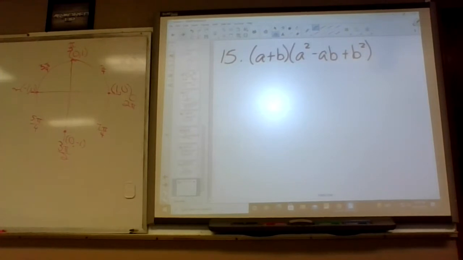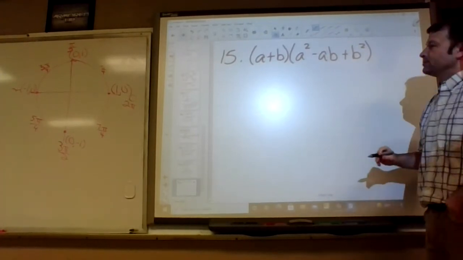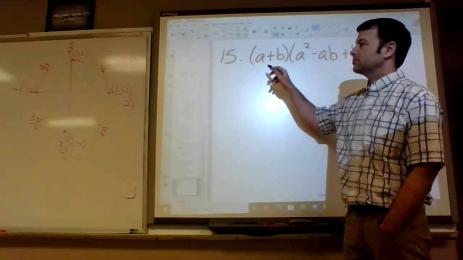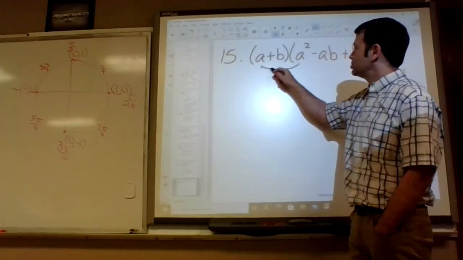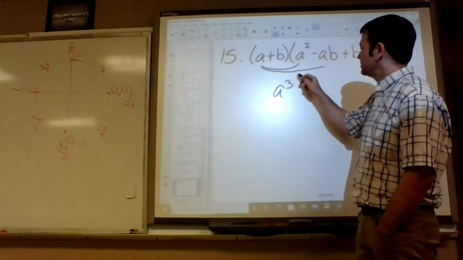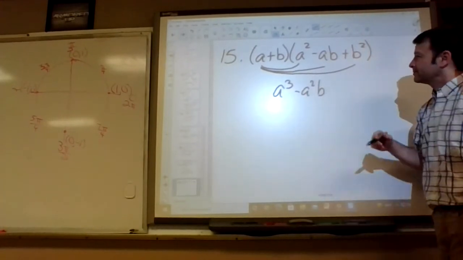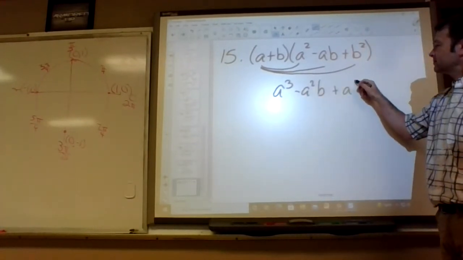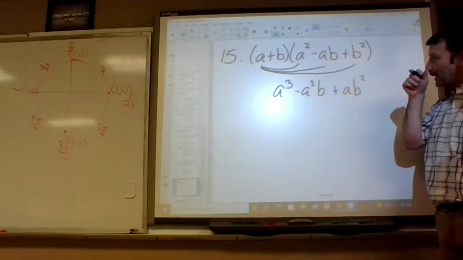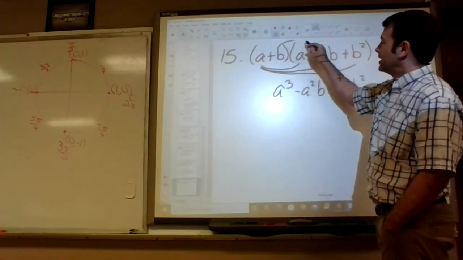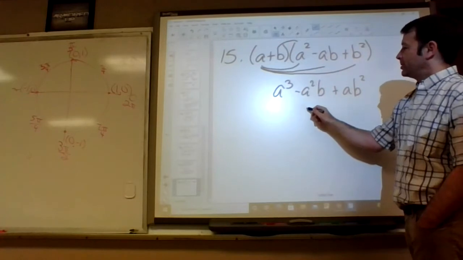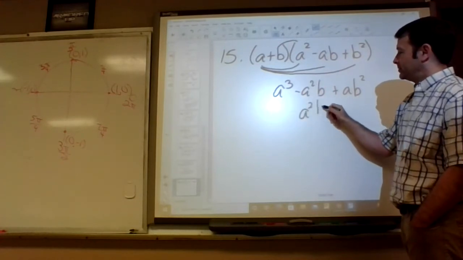All right. Cooper, what would this one be? A cubed minus a squared b plus a b squared. I'm going to line that a squared b right under that one.